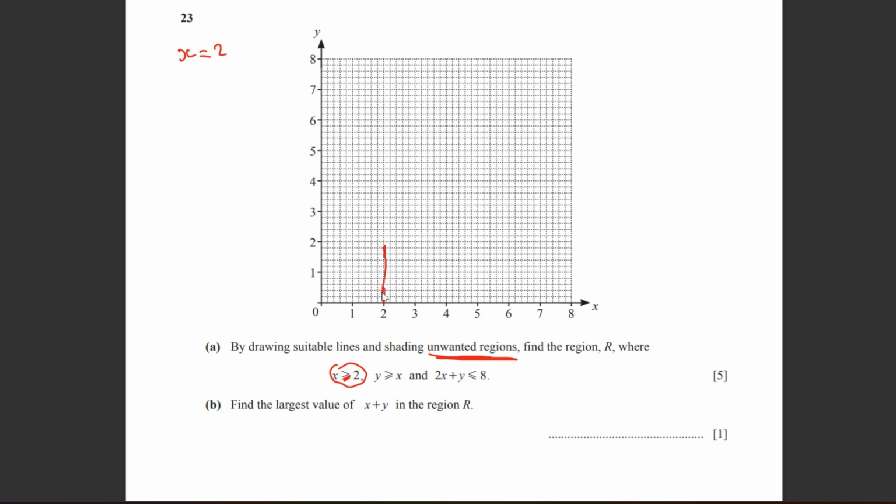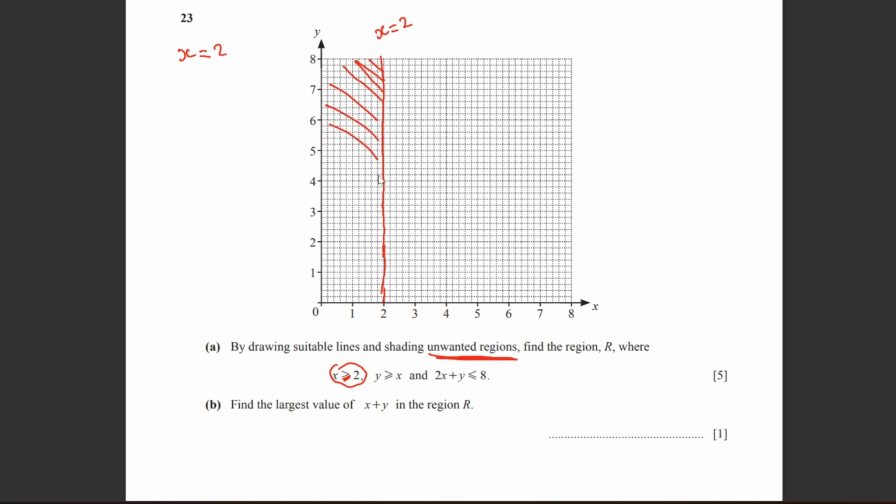This is x equals 2, so I am going to write it here. And then x greater than 2. Where is the area of x greater than 2? This is the area. But he said shade the unwanted region, so I am going to shade the unwanted region area, like this.